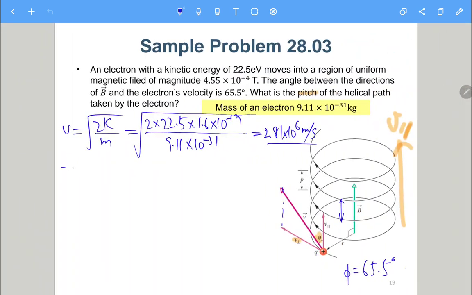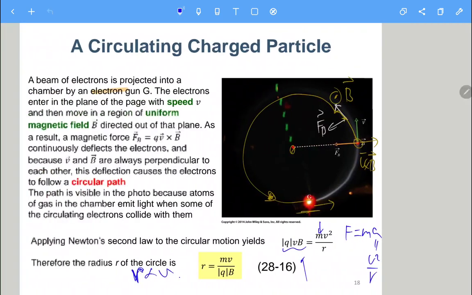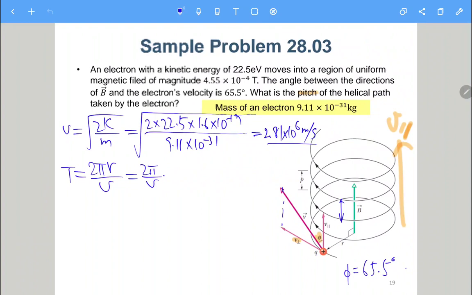The period of this circular motion will be 2 pi r over v, where 2 pi r is the circumference of the circle, divided by the instantaneous velocity. So 2 pi over v times r, which is mv over qB. Then v and v can be cancelled, and we have 2 pi m over qB.